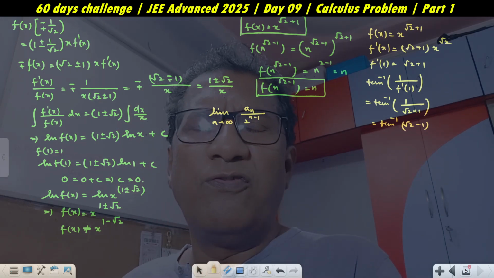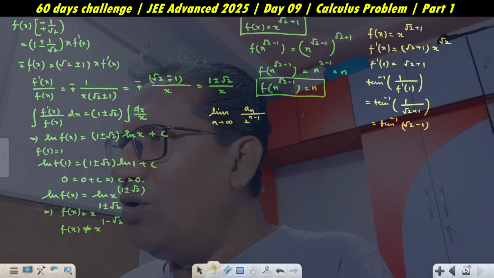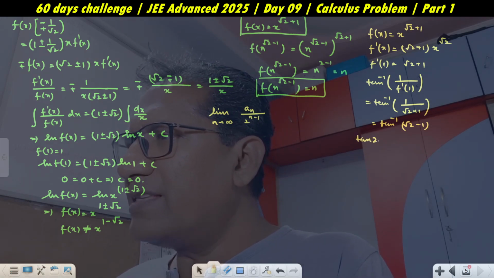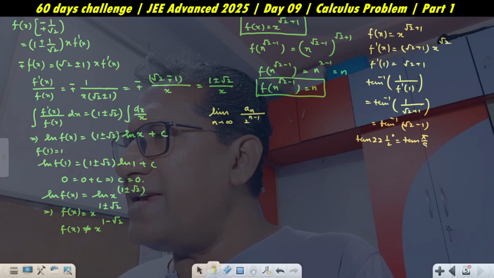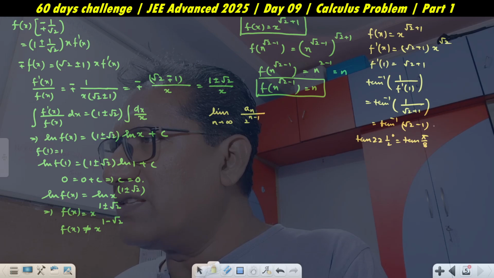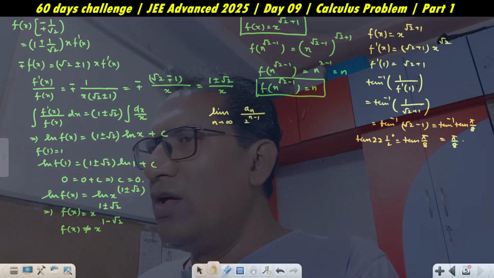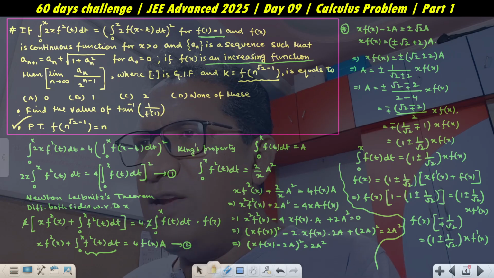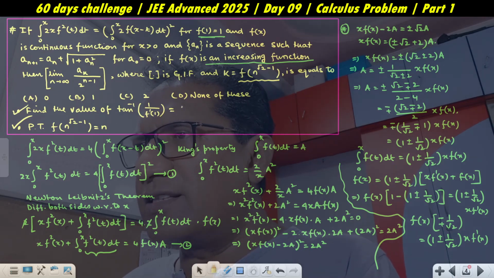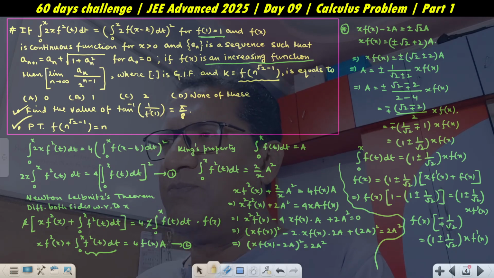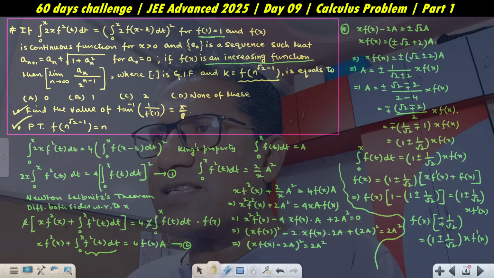Now the value of root 2 minus 1, that we all know, is tan 22.5 degrees, which is tan pi over 8. Therefore, this value will be tan inverse tan pi by 8, so that gives us pi over 8, right? So the second value we have already got, which is pi by 8. So we are only left with the value of this limit.